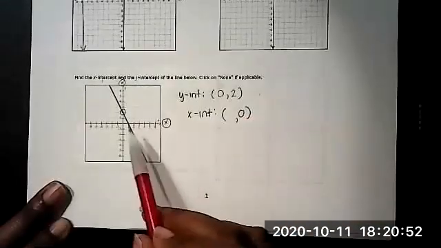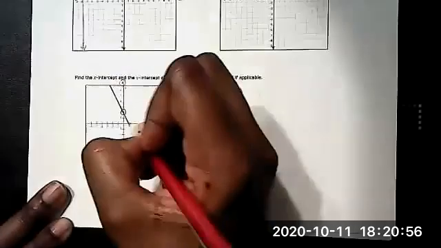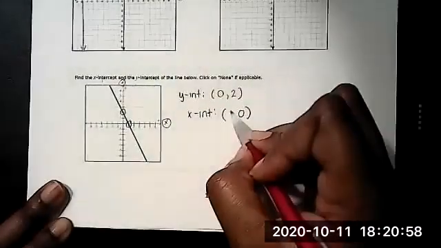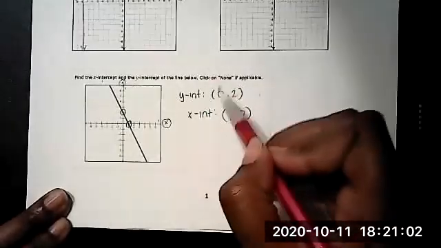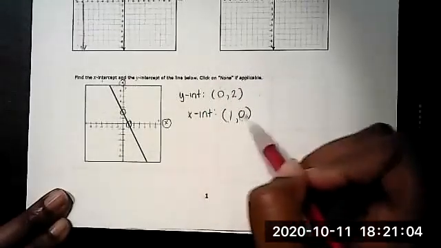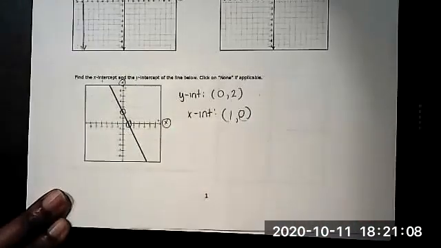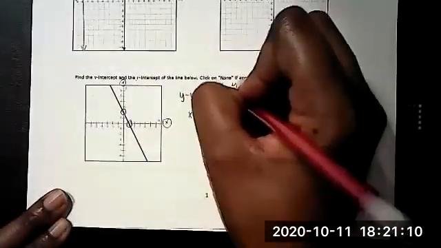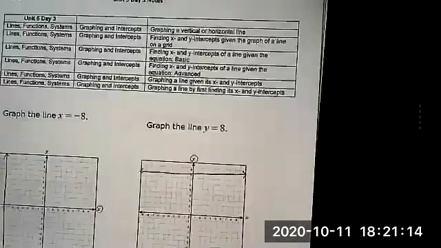You see how it crosses this line here? It crosses at 1, so 1 is your X-intercept, (1, 0). So Y-intercept, X is always 0; X-intercept, Y is always 0. The number it crosses is what you put for the other coordinate, because remember, this is your X, this is your Y. Okay, let's move on to the next page.